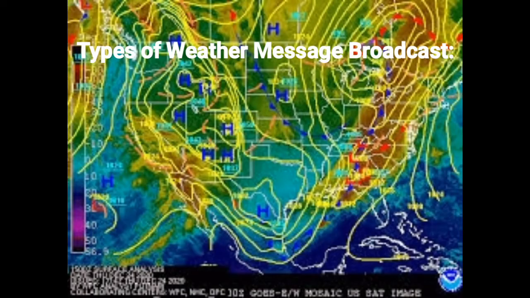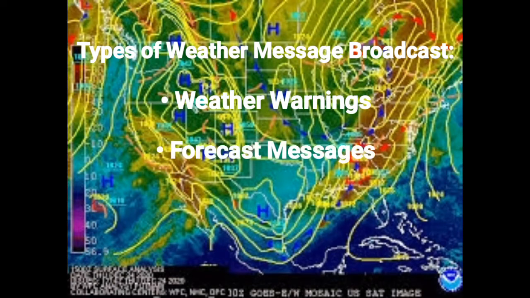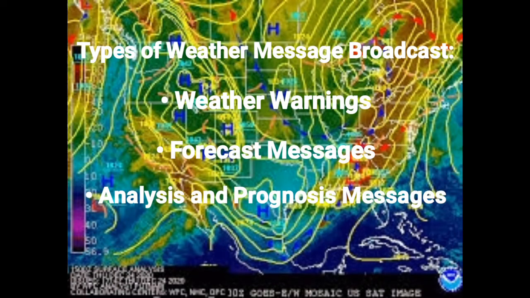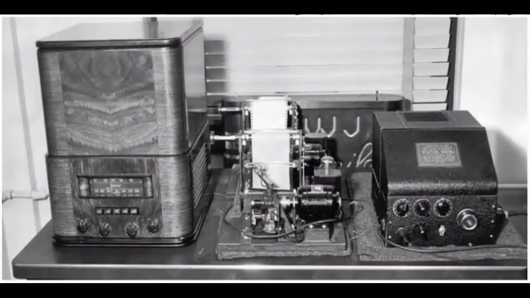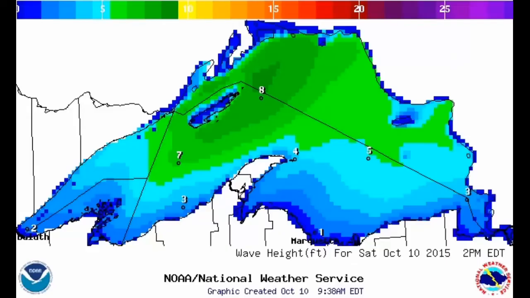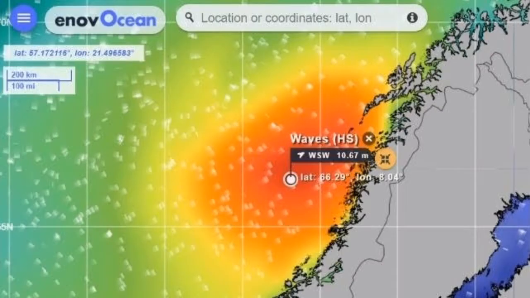There are several types of weather messages broadcast by radio in most parts of the world: weather warnings, forecast messages, analysis and prognosis messages, synoptic messages. They add weather maps via radio facsimile received on board and Inmarsat, and also those prepared on ship based on direct observations made by seafarers.